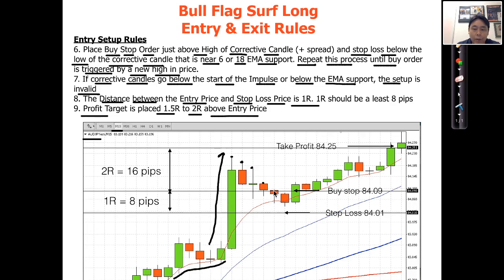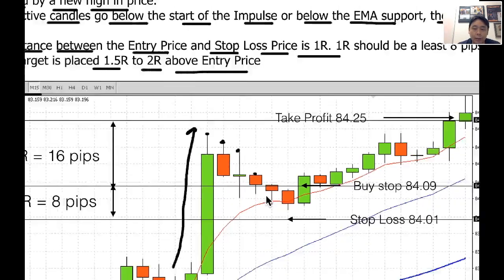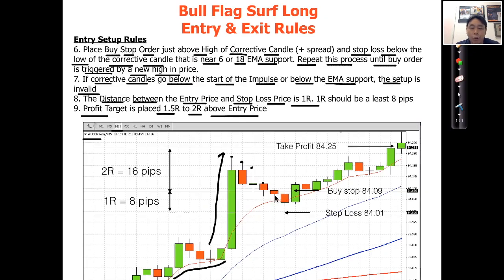Now, over here again, you see this candle? It has corrected to the 6. So I can place my buy order just above the high of this candle. Okay, and the stop loss below the low of the candle, or at least 8 pips away, whichever is further. So say we put a stop loss somewhere here. So that's my buy order, that's my stop loss.